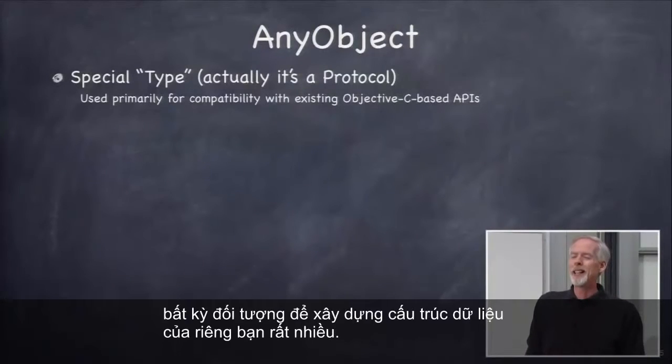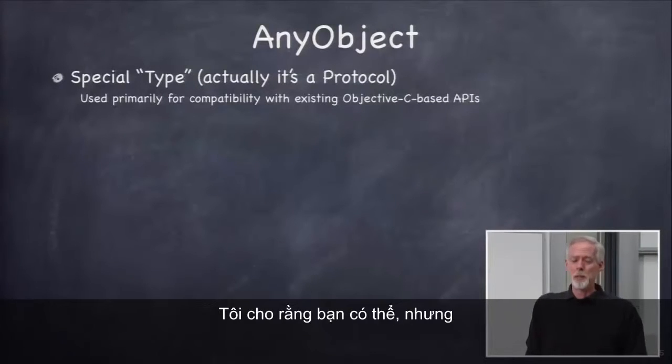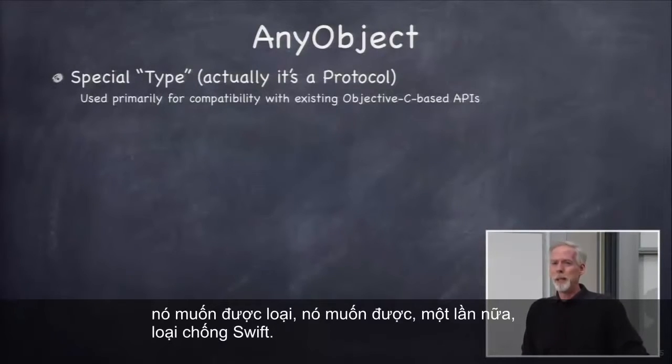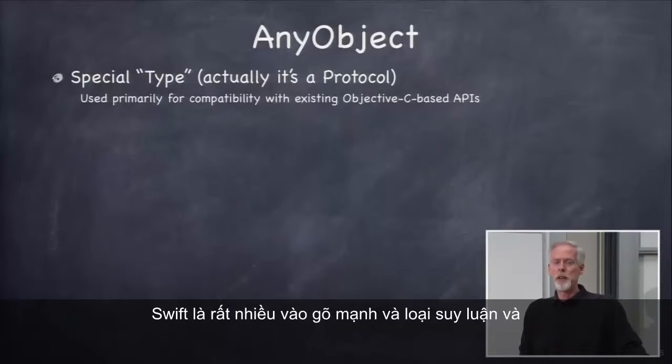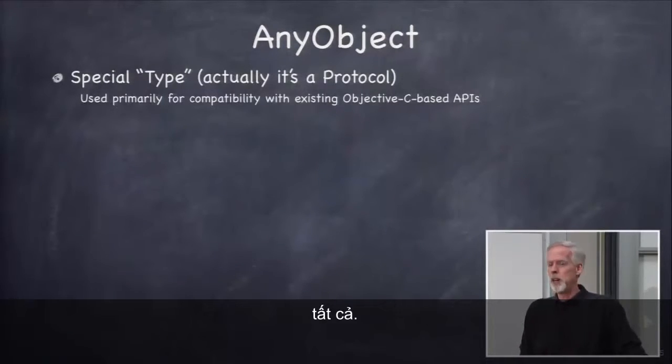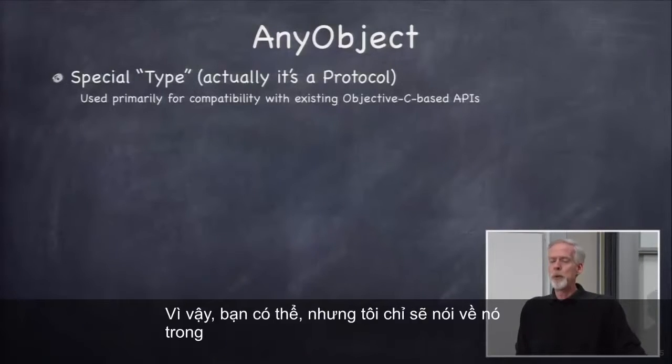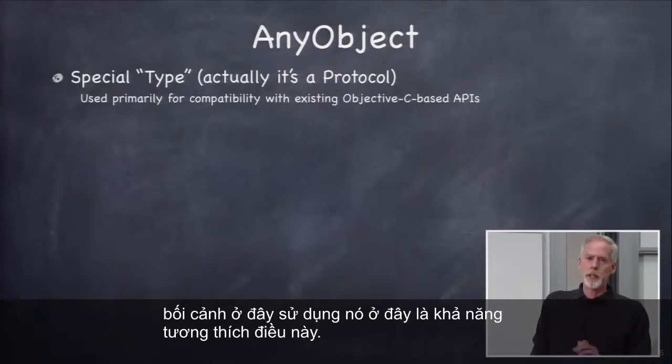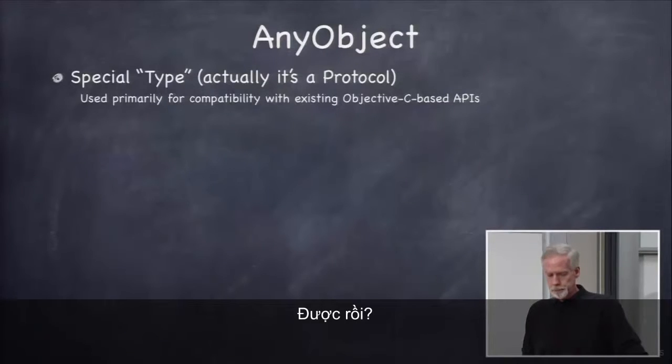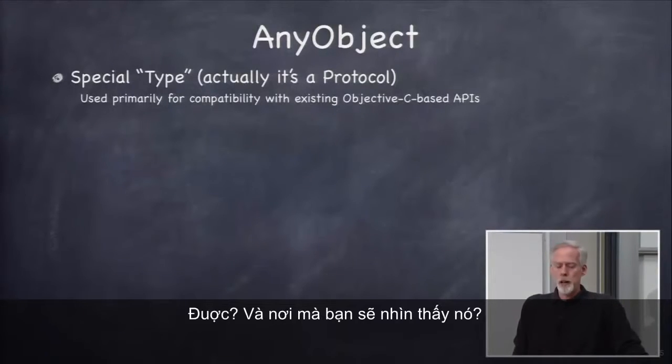You're really not going to use AnyObject to build your own data structures very much. I suppose you could, but it'd kind of be, again, kind of anti-Swift. Swift is very much into strong typing and type inference and all that. So you could, but I'm only going to talk about it in the context here of using it as this compatibility thing. All right, so what is AnyObject?